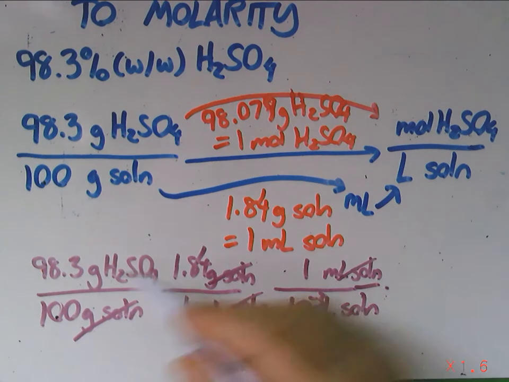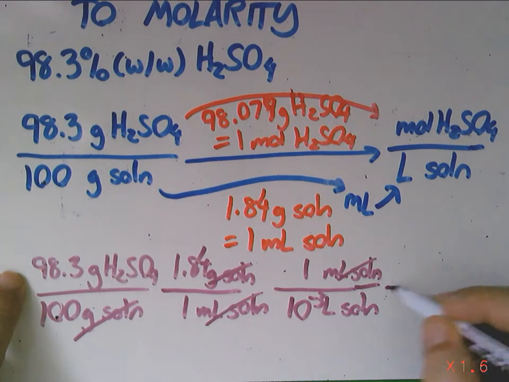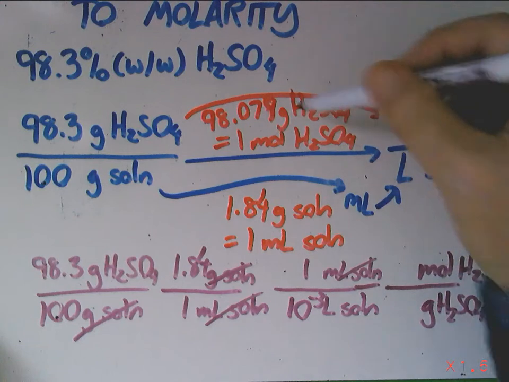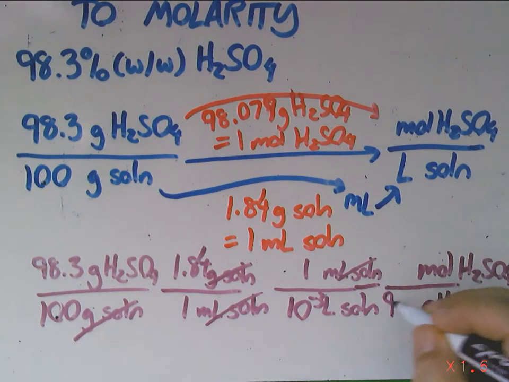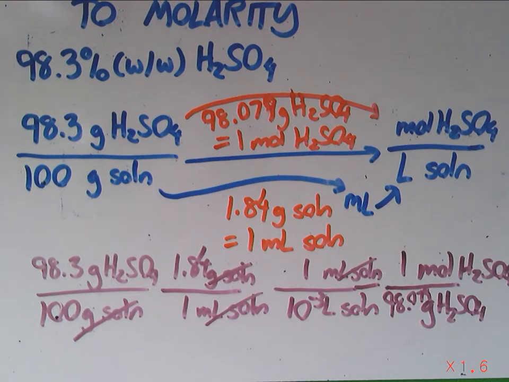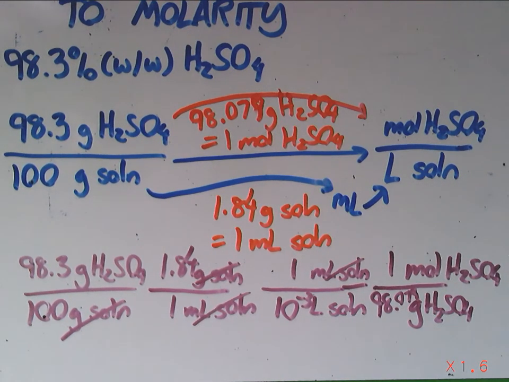So I'm going to work on the top now. It's got grams of H2SO4 on top, and I want to get rid of that. And I want to get moles of H2SO4 on the top. This is where I use my molar mass: 98.079 grams and 1 mole. Okay, so now I can pick up my calculator and key that in.